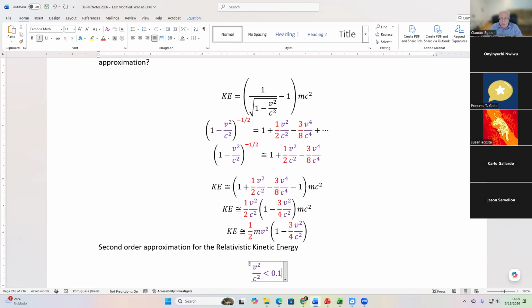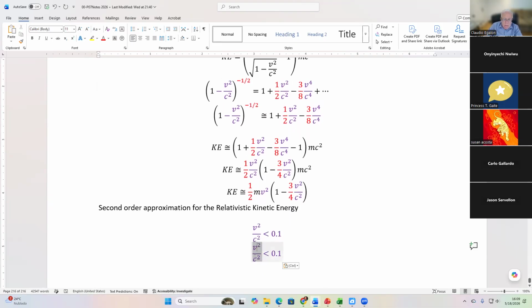Taking the square root, we are talking about this approximation being good up to 31% of the speed of light. So V over C is approximately 31, around 32% of the speed of light.